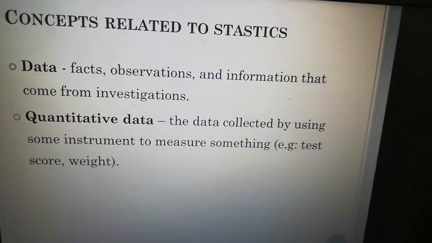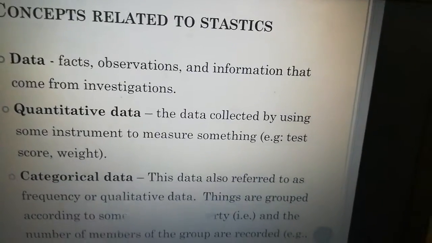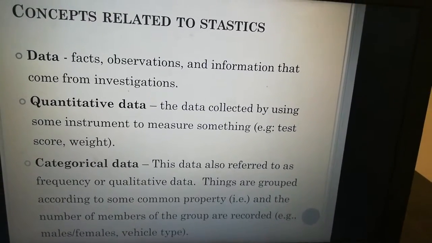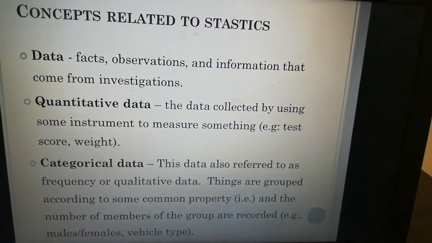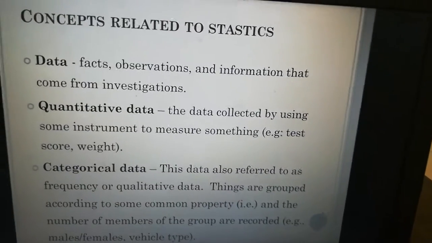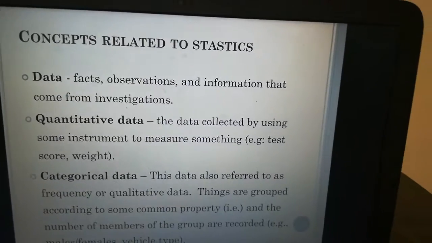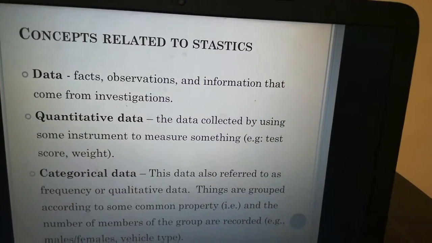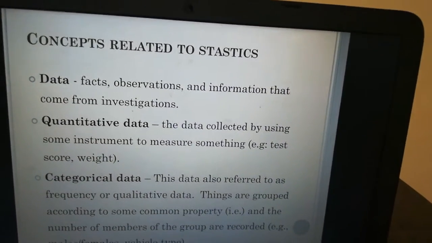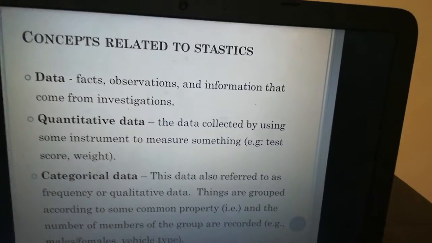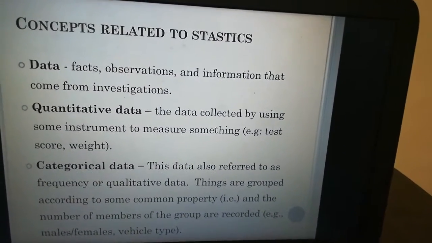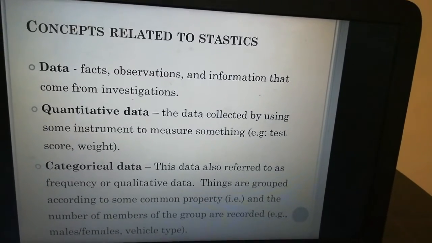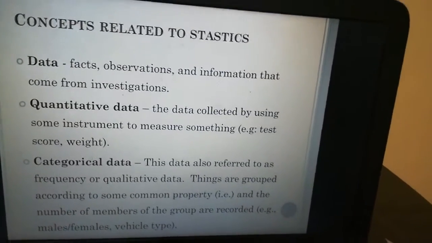There are different types of data we use commonly, that is quantitative data, qualitative data, or categorical data. Quantitative data means the data collected by using some instrument to measure something. For example, test score, pre-test and post-test score, or the weight gain of a normal baby, etc.